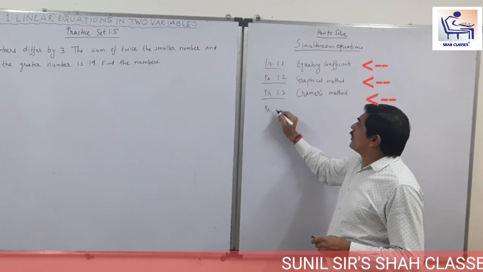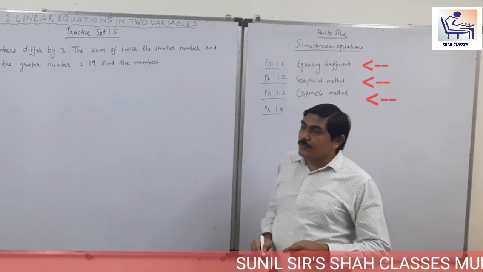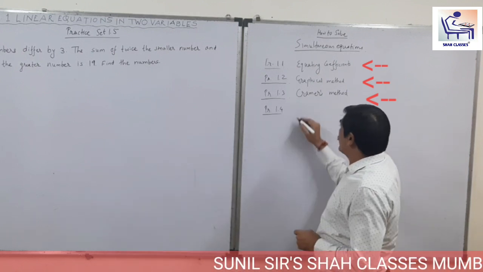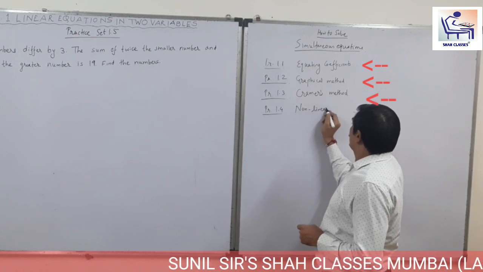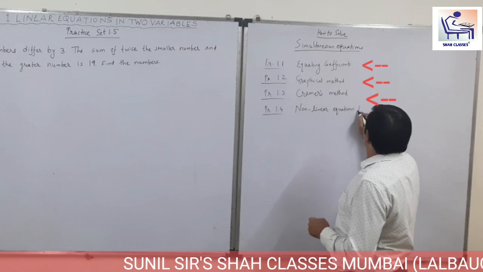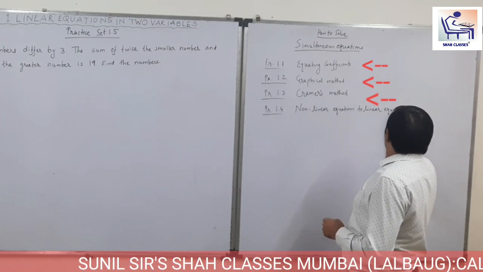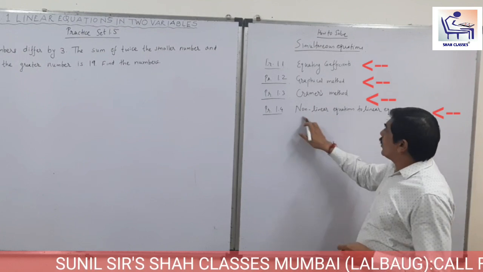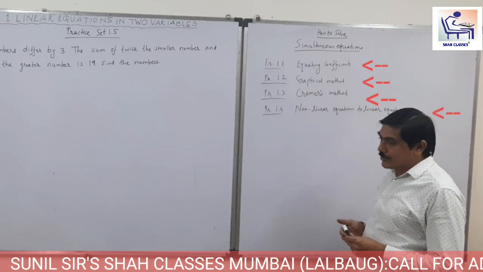And in practice set 1.4 you have seen, with the variable in the denominator, non-linear equations to linear equations. So we convert the non-linear equations to linear equations and we solve it.